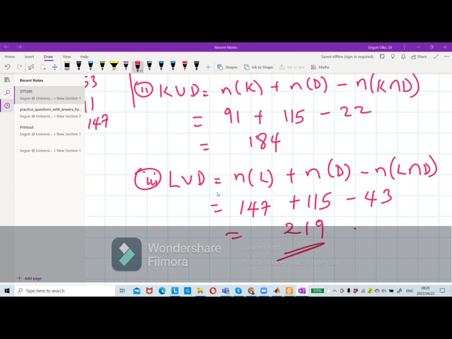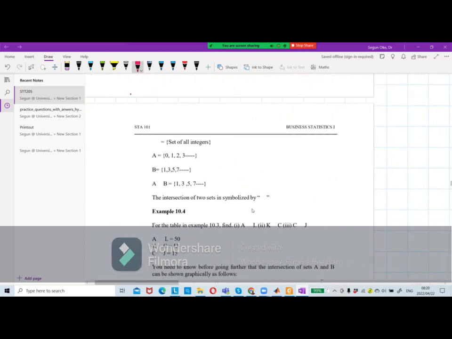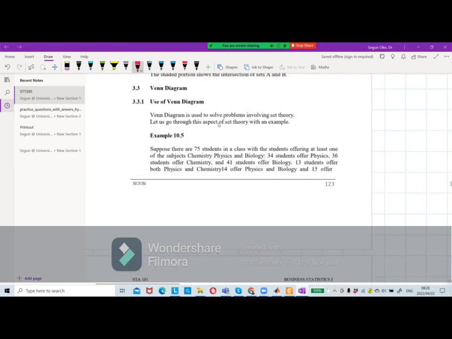So you can continue from there and do the next example by yourself. It is very simple and direct with the question. So you can solve this.